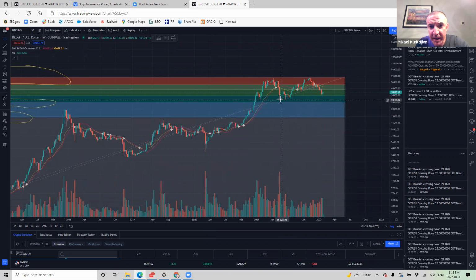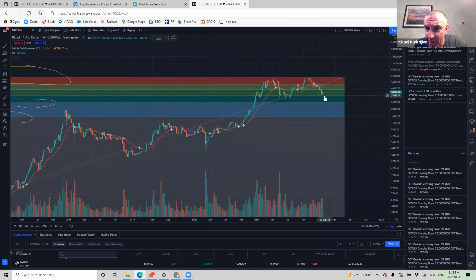This used to be, I guess, a support line over here, and there was a lot of congestion here. Then it went down a bit, afterwards it went up, and right over here it became resistance, and then it tried going up again, and over here became a new resistance line, and then it came down. There was congestion here, there was some selling, and then it started breaking down.